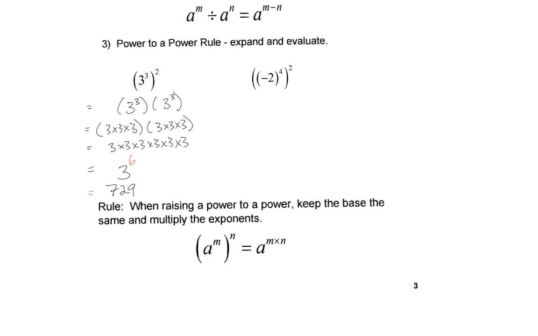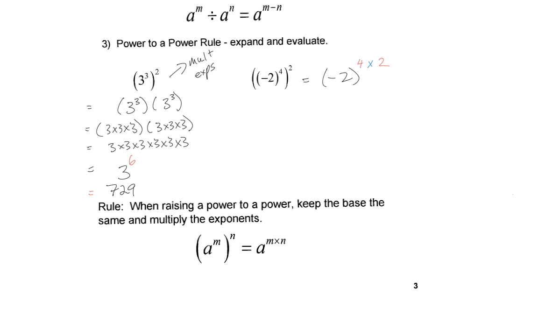Now, let's do the same for the next one. If you really think about this, the rule is we just multiply the exponents. In this next problem, we have -2, and we're trying to figure out where these numbers are coming from. So our base is -2, but you'll notice that we have 4, and we're going to multiply it by the outside exponent.